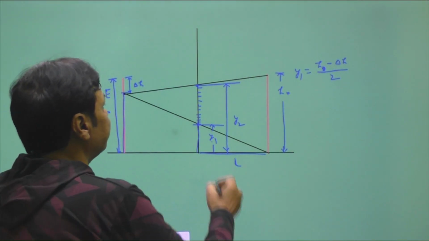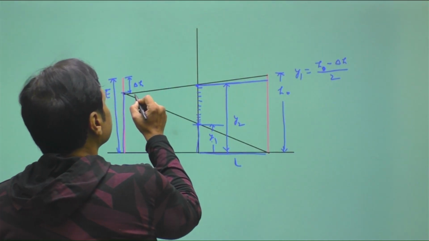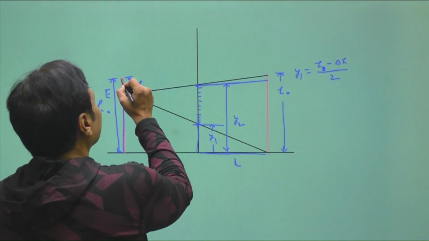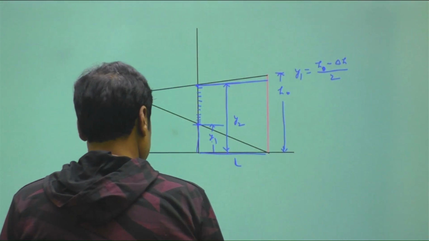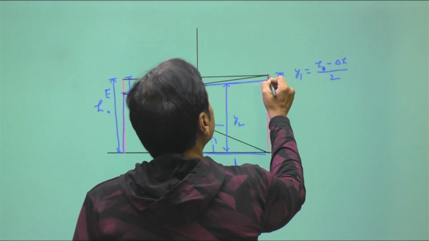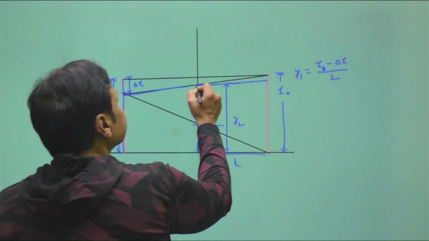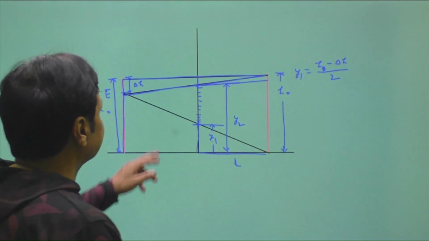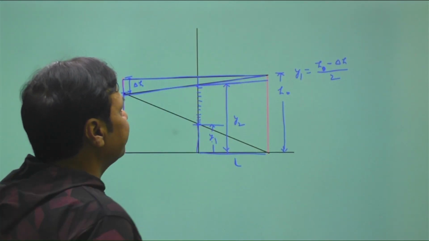And now we need to find y2, this height y2. So we are again going to use these two triangles. The bigger one is this and a smaller one is this, and this is a smaller triangle.